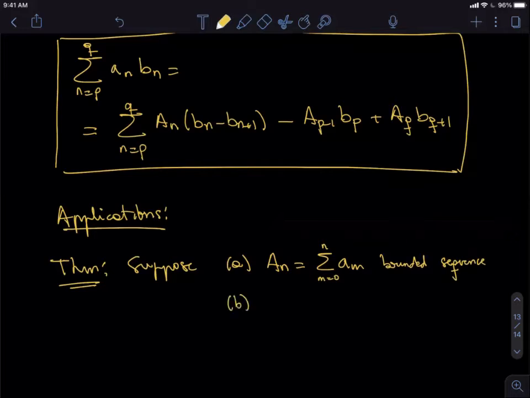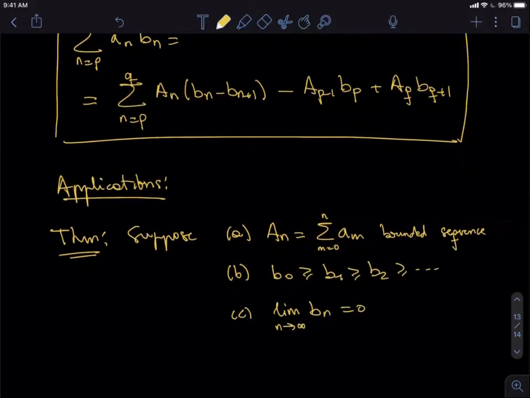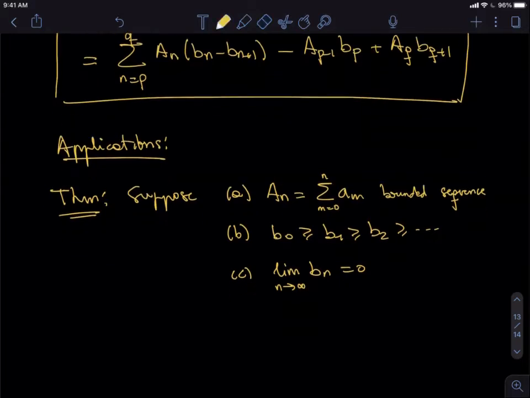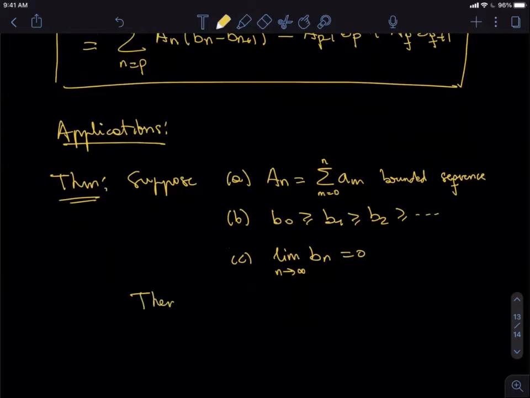The second thing is that the sequence b is decreasing. And then the third one is that the limit of this b_n is 0. Okay, so it's decreasing to 0. Sometimes you will see this written as b_n decreasing to 0, but this doesn't capture the fact that it's monotonically decreasing. Okay, you see that its term is bigger than the next. So then the sum of a_n b_n converges.